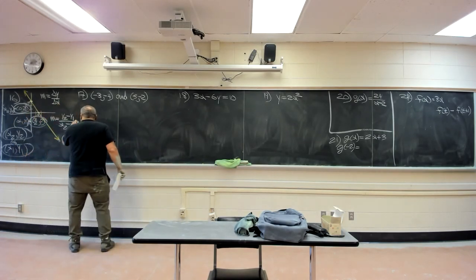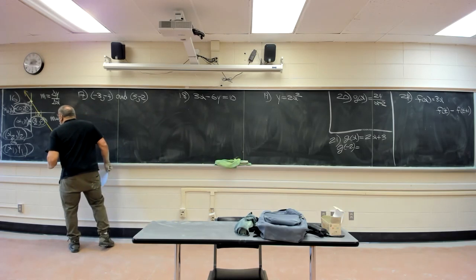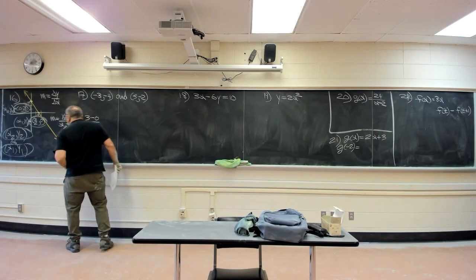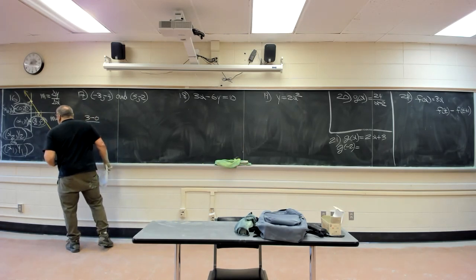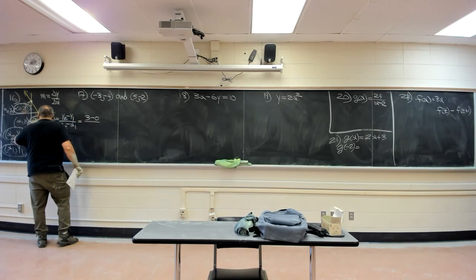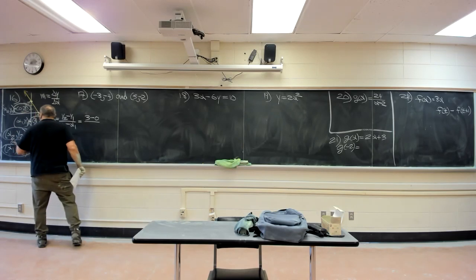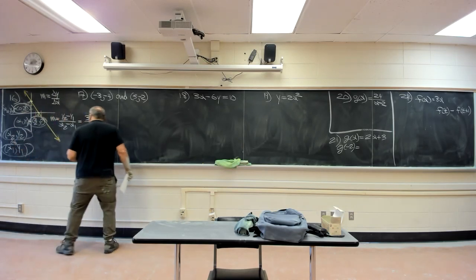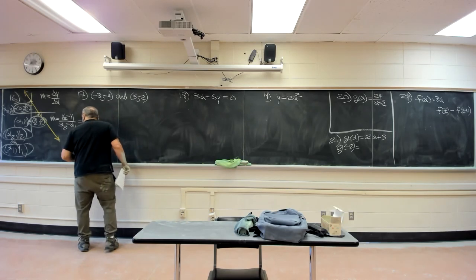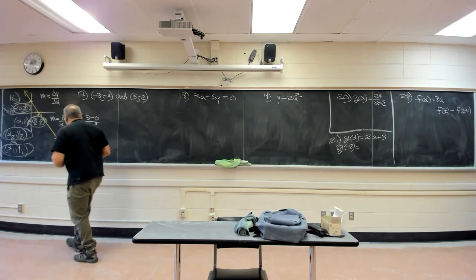And let's go. Y sub 2 is 3. Y sub 1 is 0. X sub 2 is 0. Forgive me, let's see what we got here.